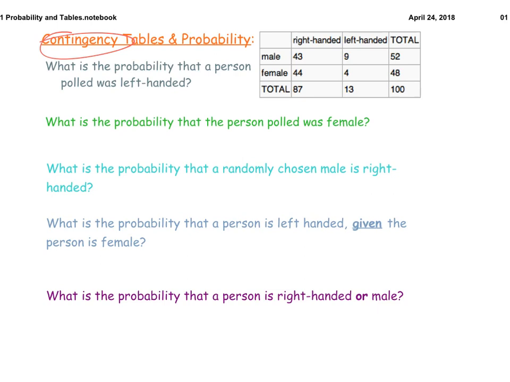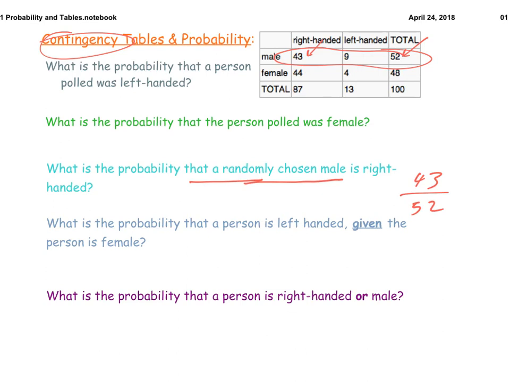Here are the males, and if I'm only picking from the males, then I get a right-handed person. That's 43 out of 52. So notice that this says not just randomly chosen person, randomly chosen male. That changes what's possible. Instead of 100 possible, it's 52 possible because we picked from the males. So it's 43 out of 52.